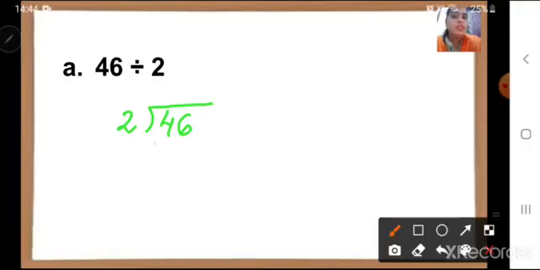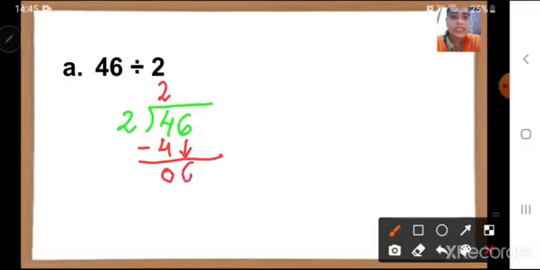So 2 1s are 2, 2 2s are 4. So we will write here 2 2s are 4. We are going to take one number at a time. Now 4 minus 4 is 0. After that, the second number, which is number 6, will come down.